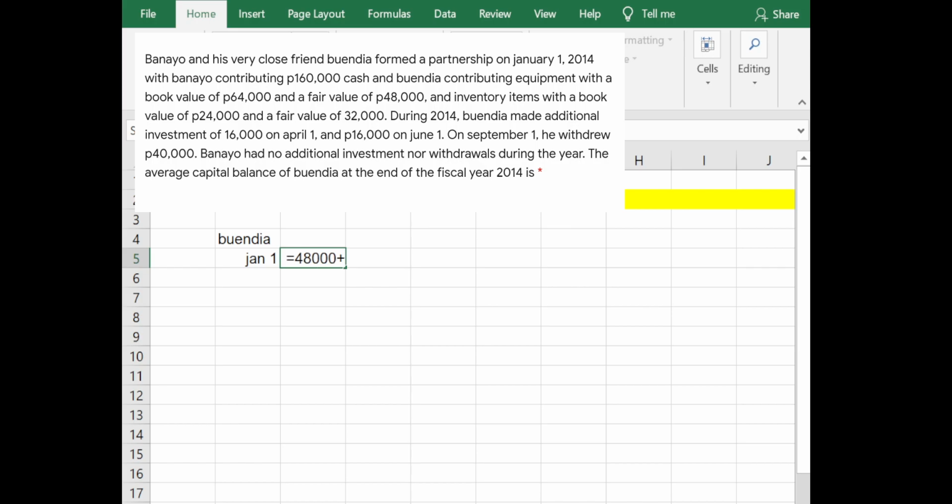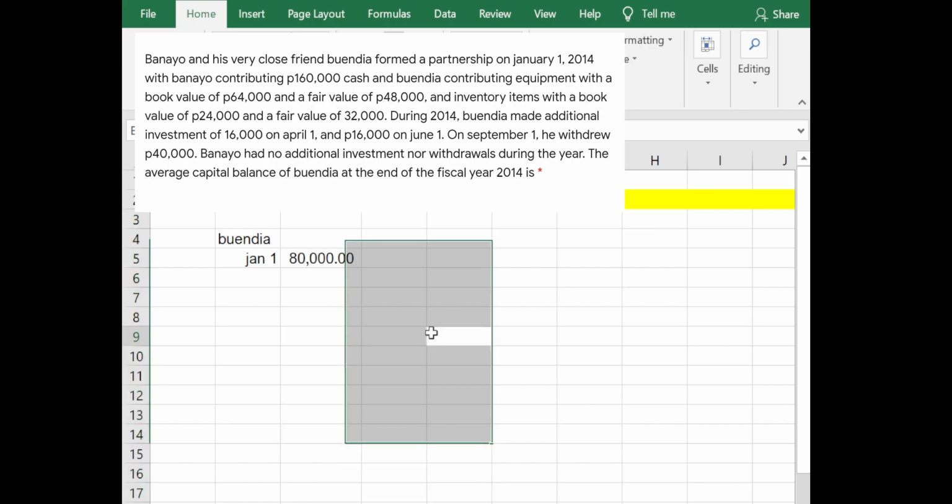So 48 and 32. That's it. So the contributed capital of Buendia is 80,000.